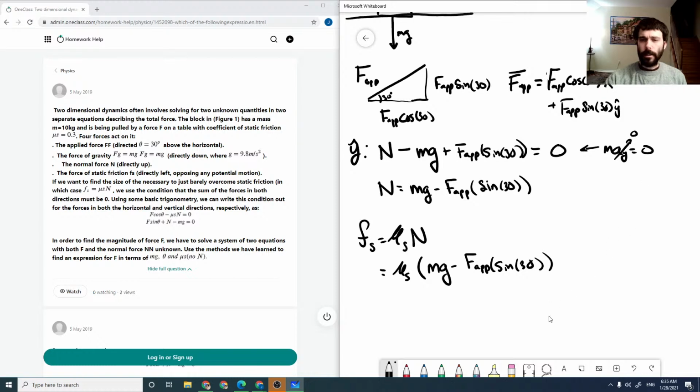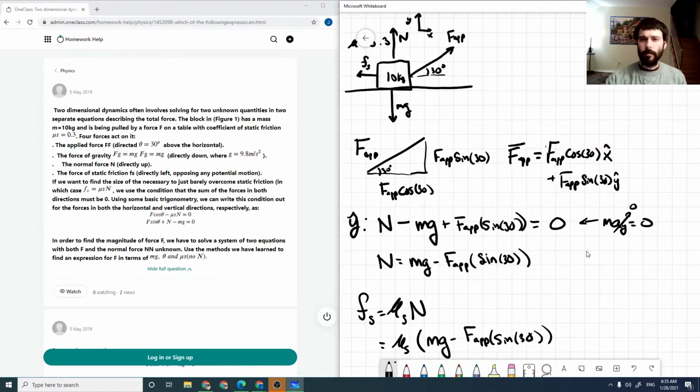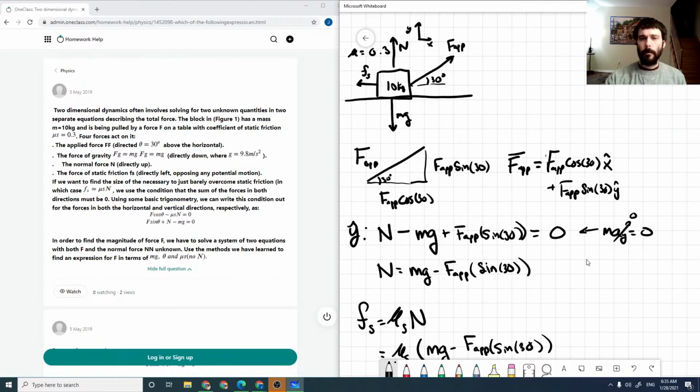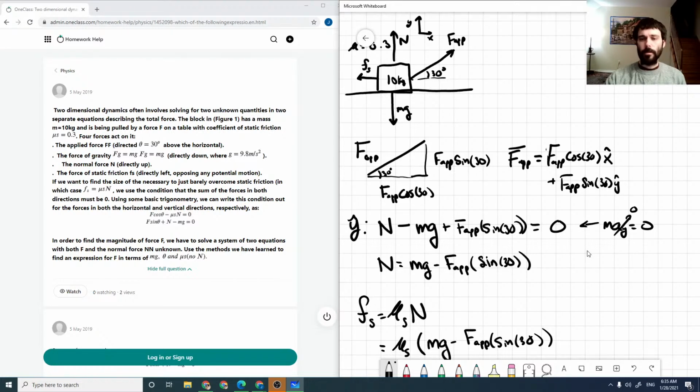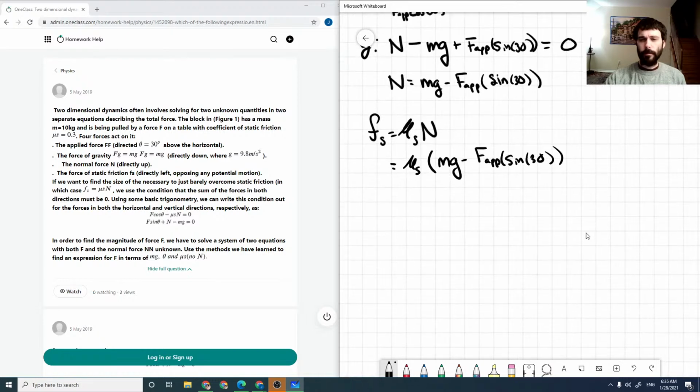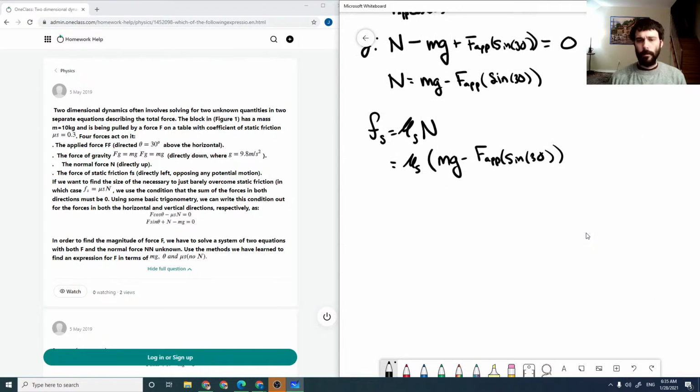Now, if we look in the x direction, we just have the x component of our applied force and our static friction. So we just have our applied force times the cosine of 30 minus our static friction, and that equals 0.